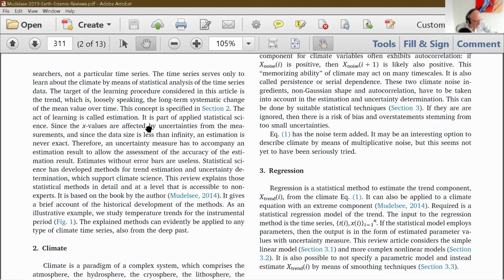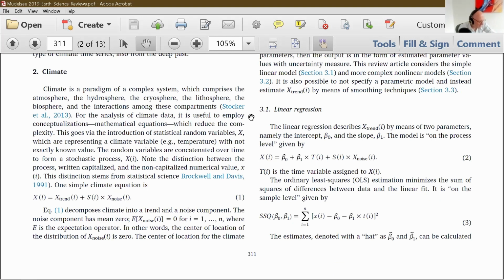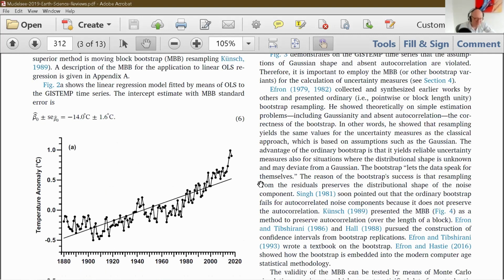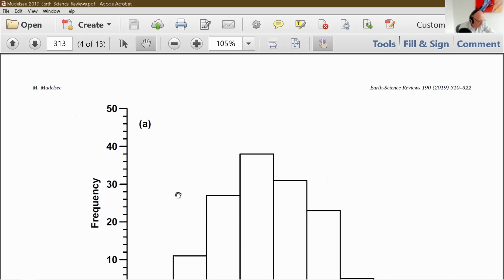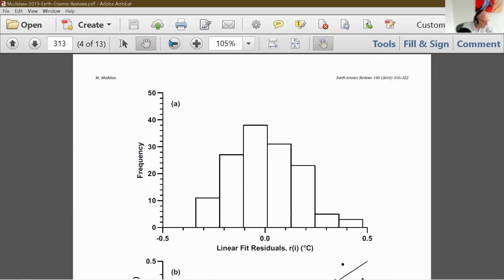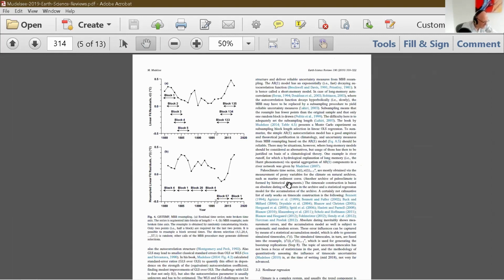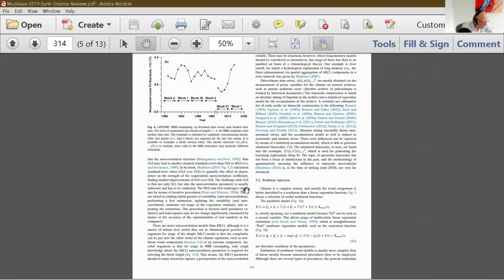Then again, I explained the different models. You know this. This is linear regression here. And you have seen the formulas. I directly, of course, use the same LaTeX formula. A linear model is not very suited in my view. Okay, then these are the residuals, and the moving block bootstrap is explained.